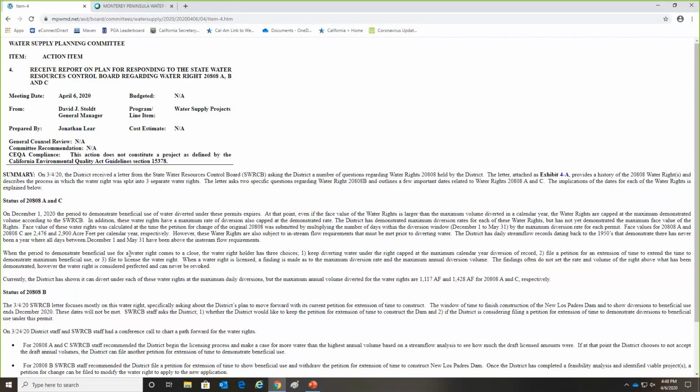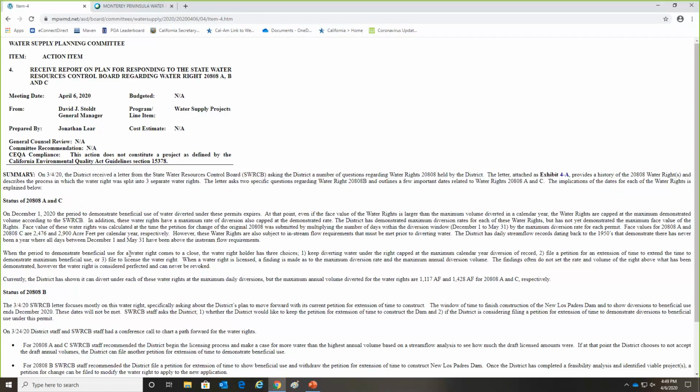Specifically, the letter was referencing 2808B and asking, is there a plan for the construction of the Los Padres Dam? Because there's a petition that is holding the water rights open that says we have a delay in construction.